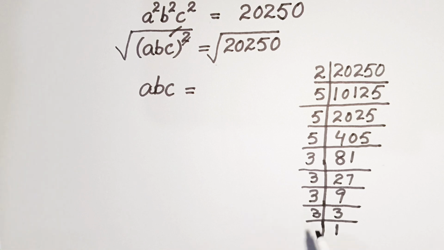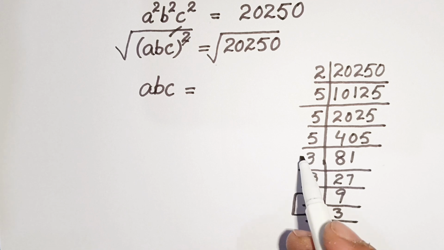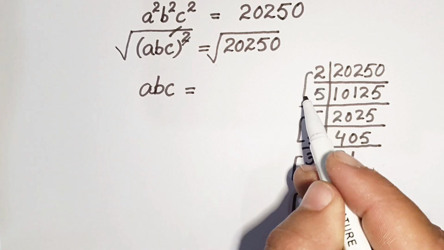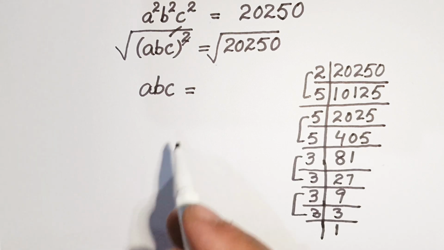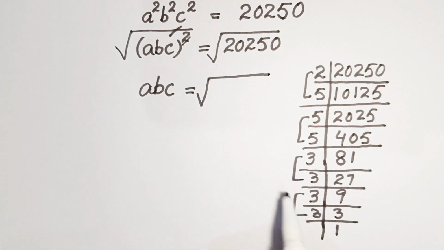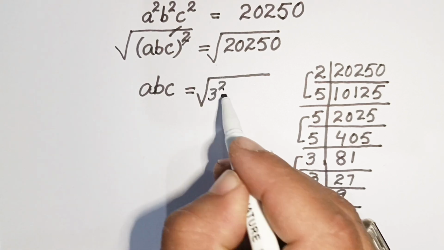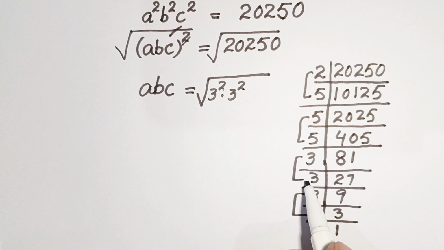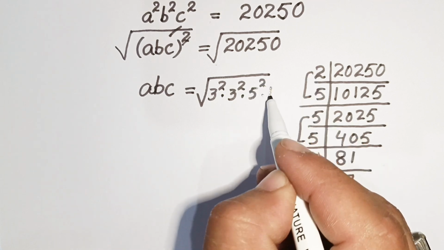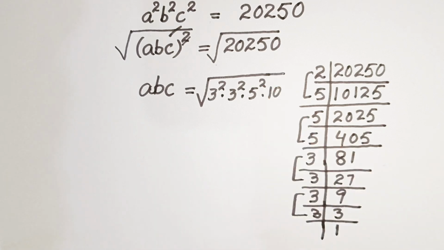So we get 3 squared times 3 squared times 5 squared times 5 times 2, which is 10. So we write the square root of 3 squared times 3 squared times 5 squared times 10. We have now factorized 20250.